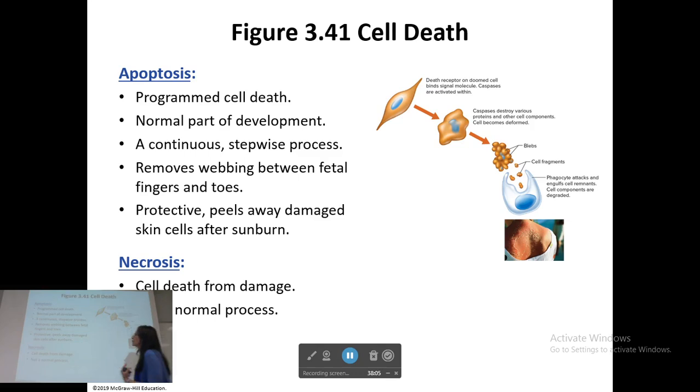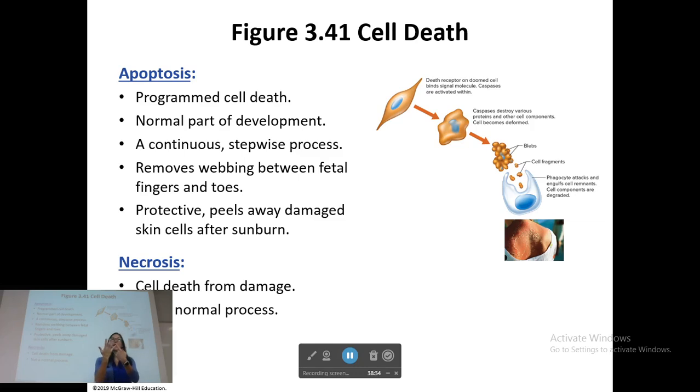Right, so we talked about this term apoptosis, right? If the cell can no longer survive, or if it shouldn't survive, if the DNA is damaged, then it needs to be killed. So that's programmed cell death. It's a normal part of development. For instance, here, the webbing between fetal fingers and toes.